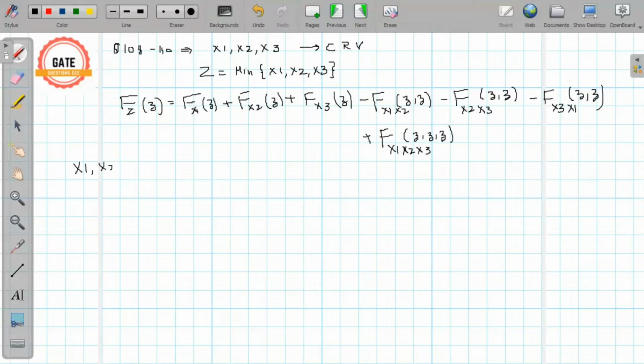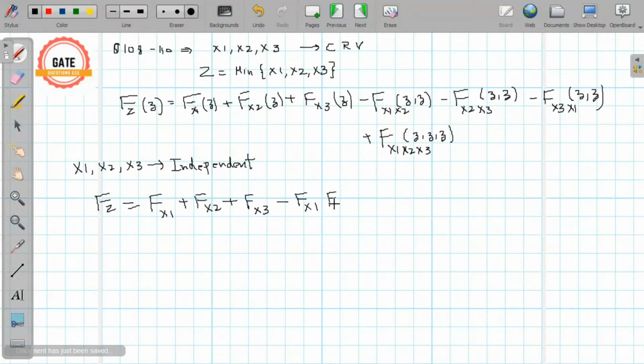If x1, x2, x3 are mutually independent random variables, then we can write that the CDF of z, where I am dropping the z and brackets for simplicity of writing, will be equal to the CDF of x1 plus the CDF of x2 plus the CDF of x3, minus the product of the marginal CDF of x1 with the marginal CDF of x2, minus the product of the marginal CDF of x2 with the marginal CDF of x3, minus the product of the marginal CDF of x3 and the marginal CDF of x1, plus the product of the marginal CDFs of x1, x2 and x3.